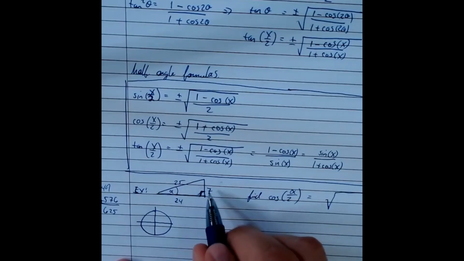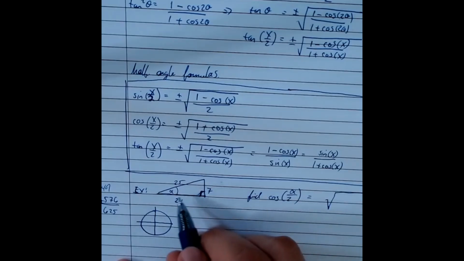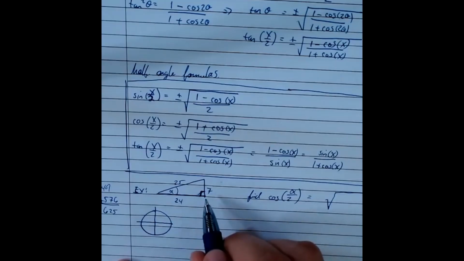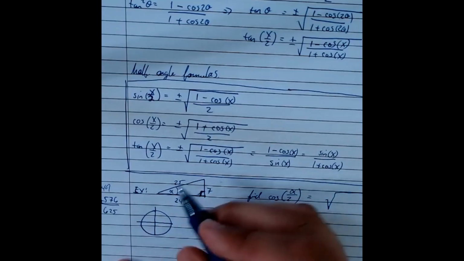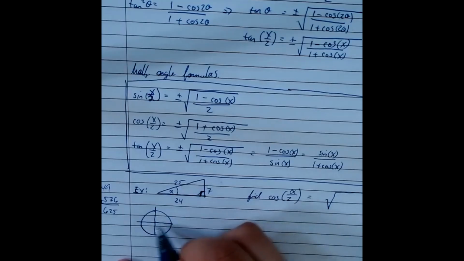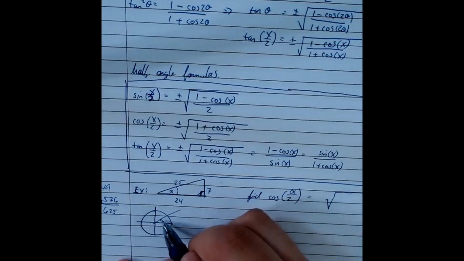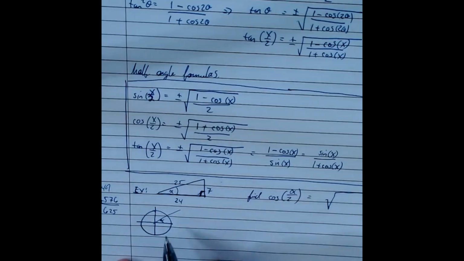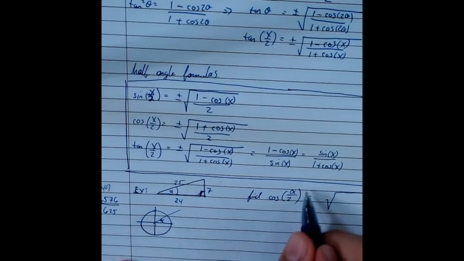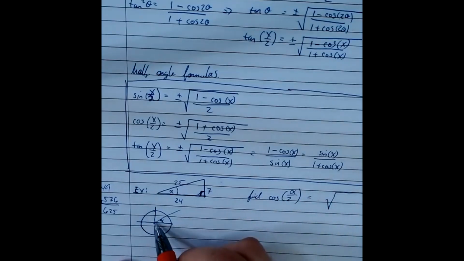Now, what's the sign of the sine? Well, it's 7 over 25. Well, that's still positive. So I would have a positive sine and a positive cosine. That puts me in the first quadrant. So whatever this angle is, it's over here in the first quadrant. Well, if I take that and cut it in half, so that I'm looking for the cosine of alpha over 2, well, notice that half of that is still in the first quadrant.